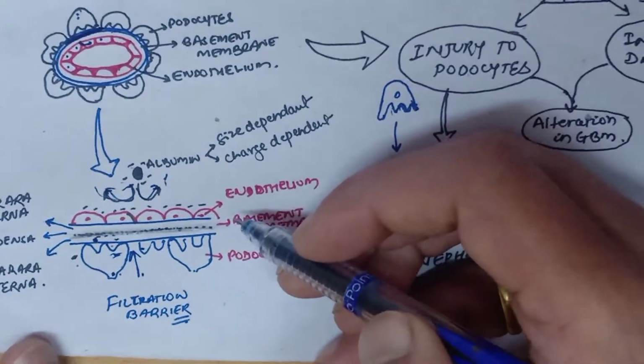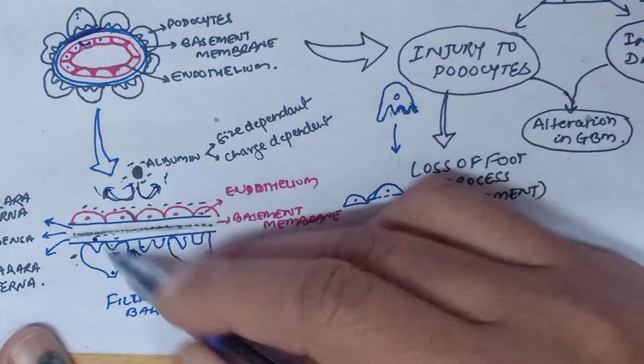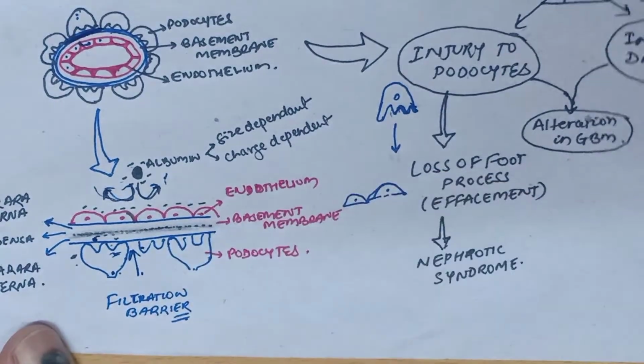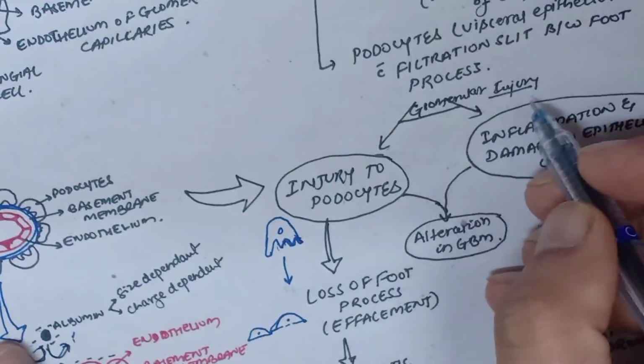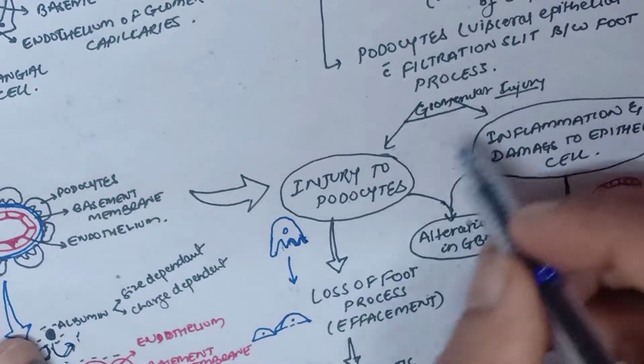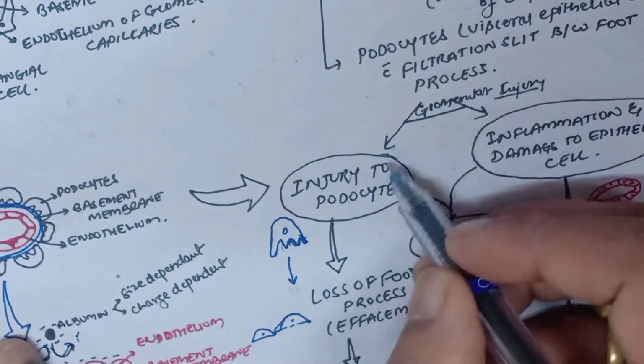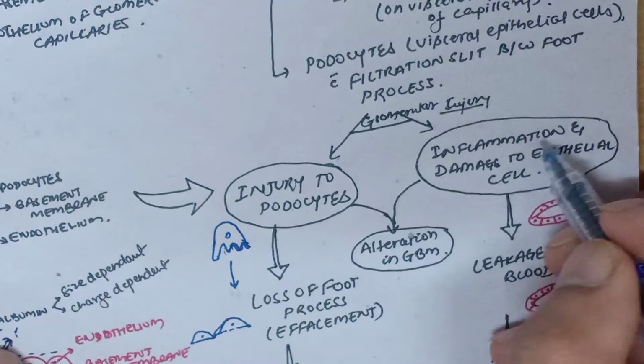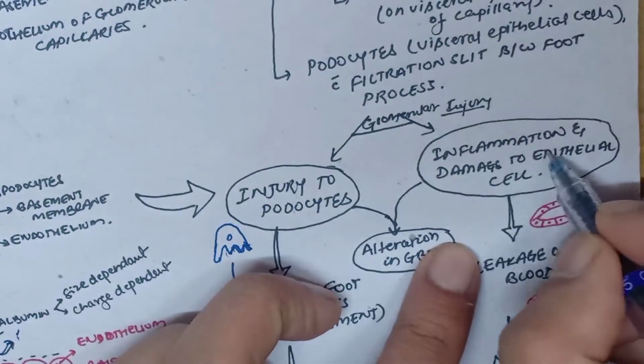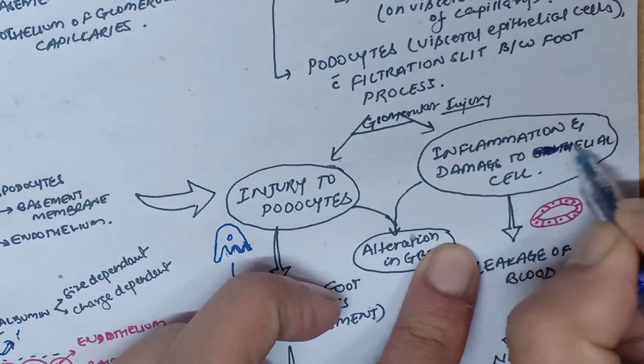Now, what happens when there is injury to this filtration barrier? When there is glomerular injury, it may be injury to the podocytes or injury to the endothelial cells.